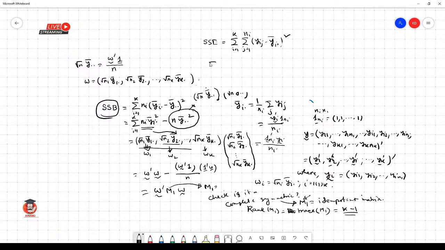So you can easily write this portion, (yij minus yi naught bar), simply as... just see the expression of SST.